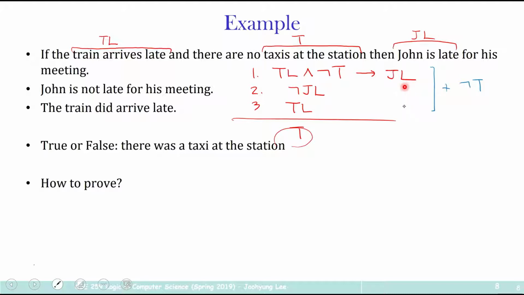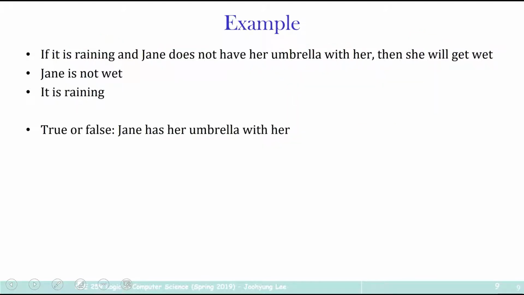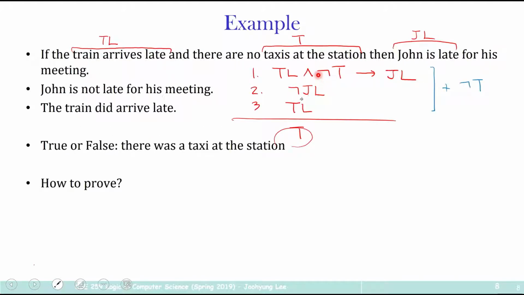John is late, right? Because TL and not T is true, so this antecedent, this condition is true, so this conclusion follows. So John is late. But at the same time, you also know that John is not late.